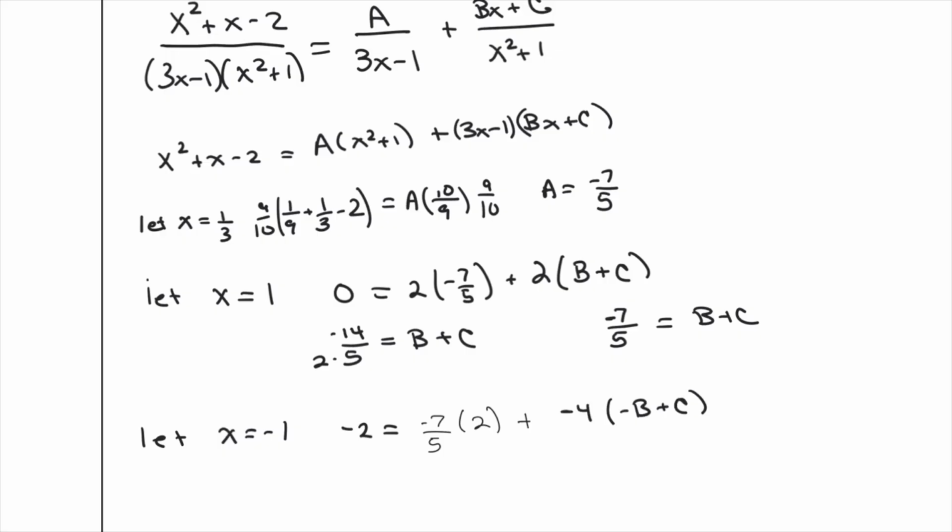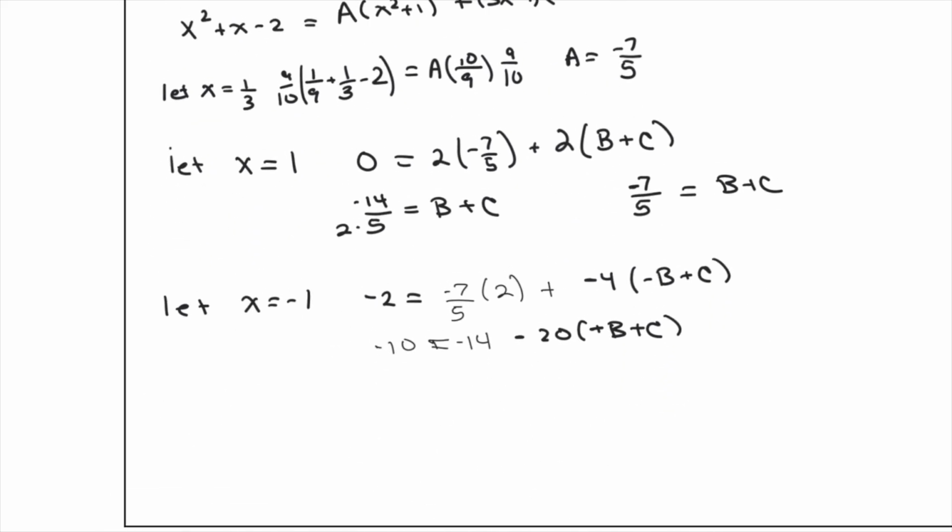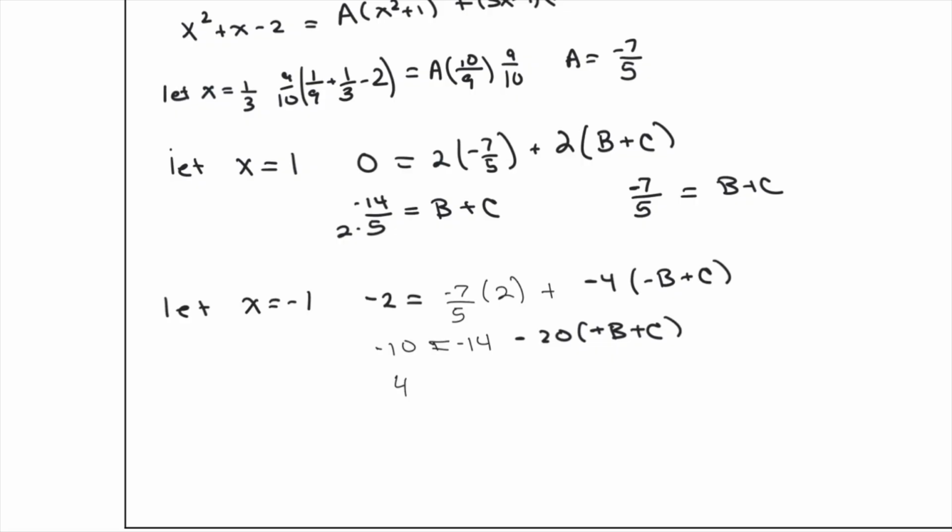Let's multiply everything by 5, which gives us negative 10 equals negative 14, and then we'll have negative 20 times negative B plus C. All right, so 4 divided by our negative 20 equals our negative B plus C.